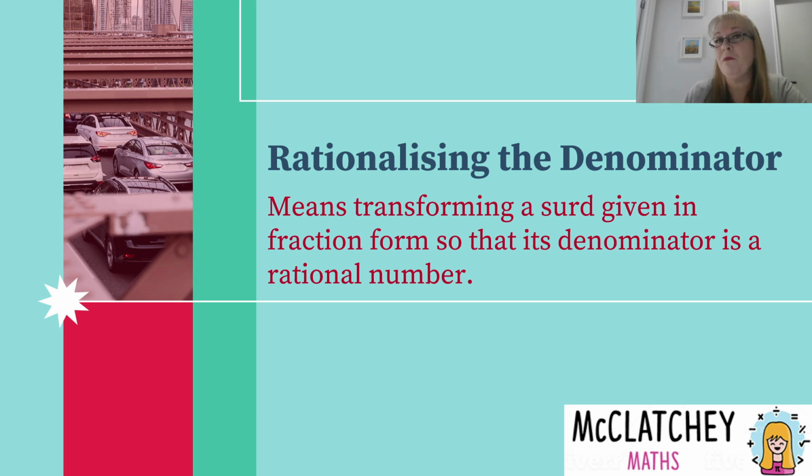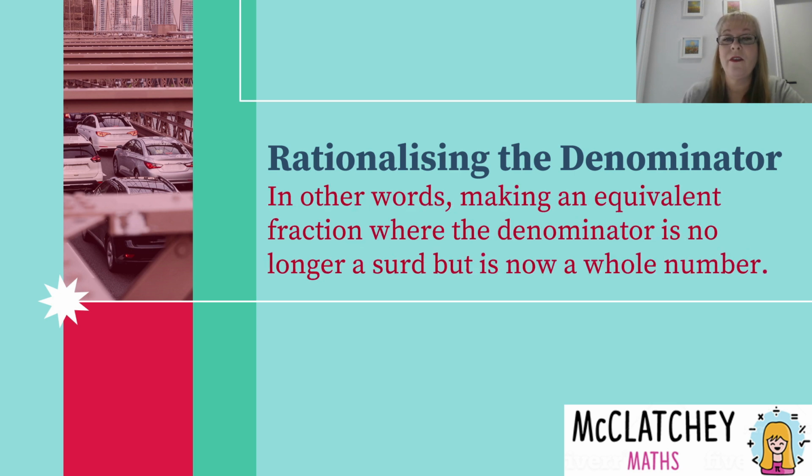So sometimes you might have that denominator in a surd form, and we're going to be talking about how to transform and make an equivalent fraction so that we've now got a whole number on the denominator instead of a surd. Okay, so that's what we're talking about here. The denominator is no longer a surd, it's a whole number.